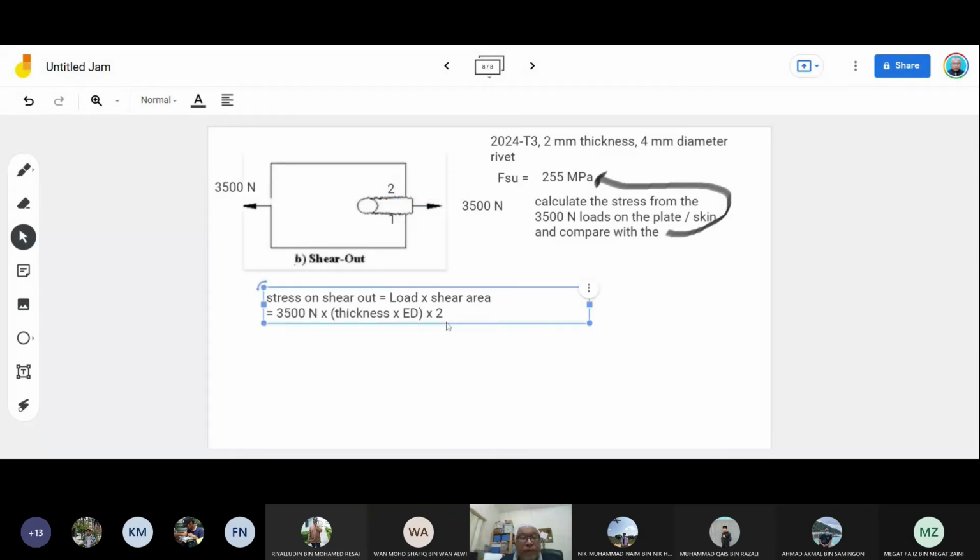That's why we times 2. Sorry, I forgot, I made a mistake again. The load is not times, it's divide.